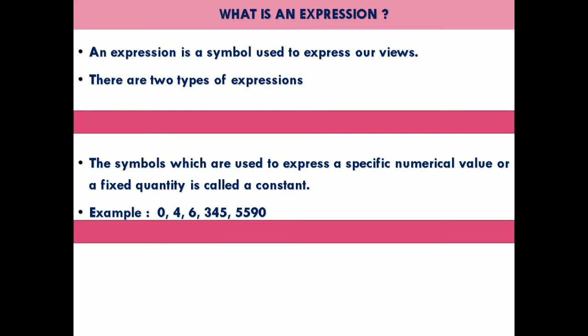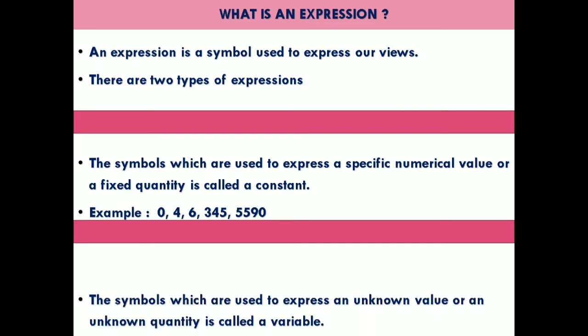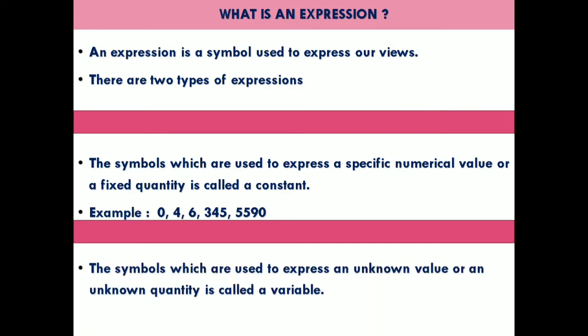And sometimes we are using some symbols for one unknown value, and those symbols are called variables. So already we have discussed constants and variables, and these are those two types.